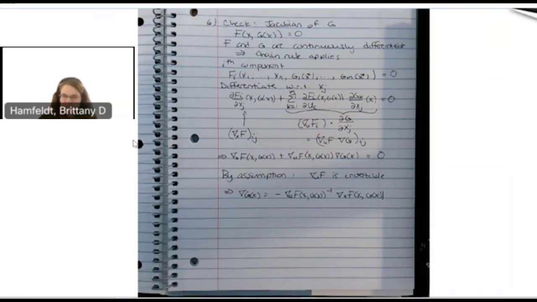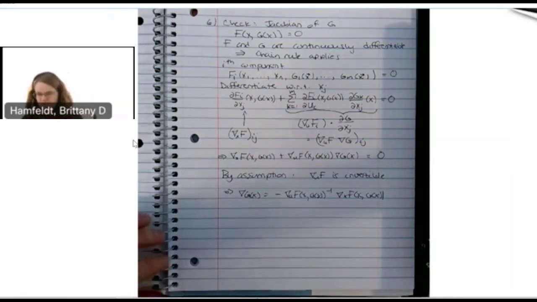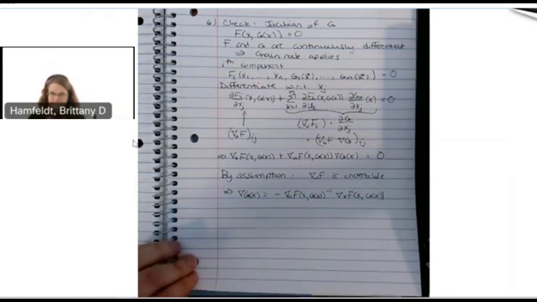Again, there were a lot of pieces to check, but most of it falls out very nicely from the inverse function theorem. We did most of the work for ourselves a couple of weeks ago.